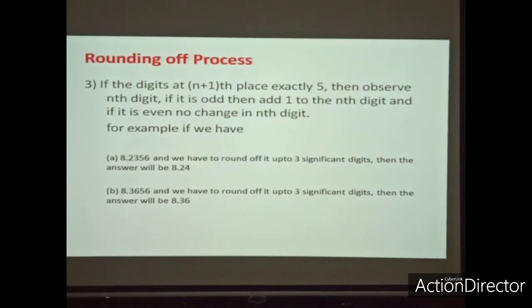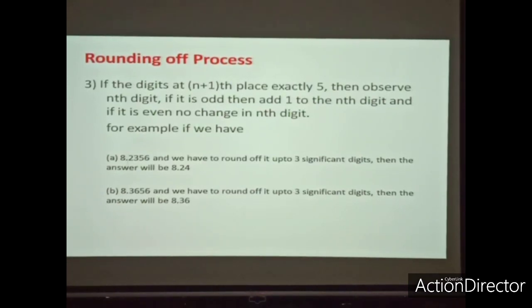In the previous 2 examples, we were not observing the nth digit. We were just observing the value of the n+1 digit. In this one, if the n+1th place is 5, then we will observe the value of the nth digit. Then if it is odd, add 1 to the nth digit, and if it is even, no change in the nth digit. For example, we have taken two examples to make it clear.